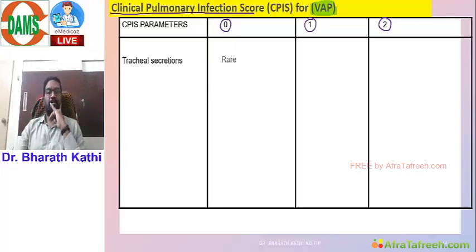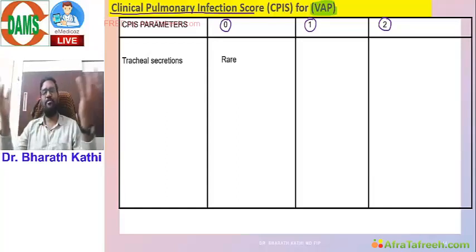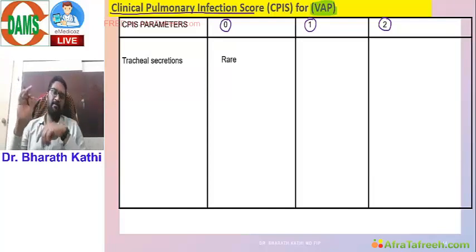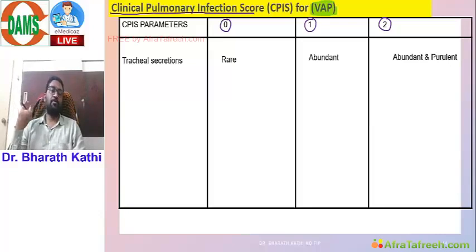If at all tracheal secretions are not there, you have ventilated, you are aspirating, you are doing suction, and there are no tracheal secretions, the score is 0. If there are abundant tracheal secretions but they are clear, we give 1 point. If they are abundant but purulent, we give 2 points. No secretions is not bad, so 0.